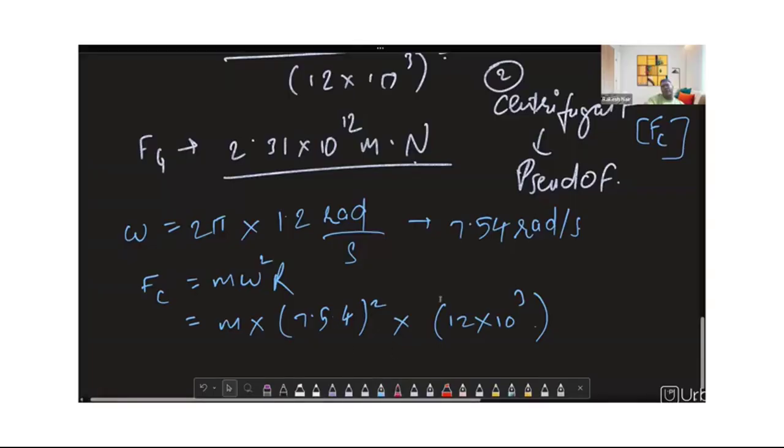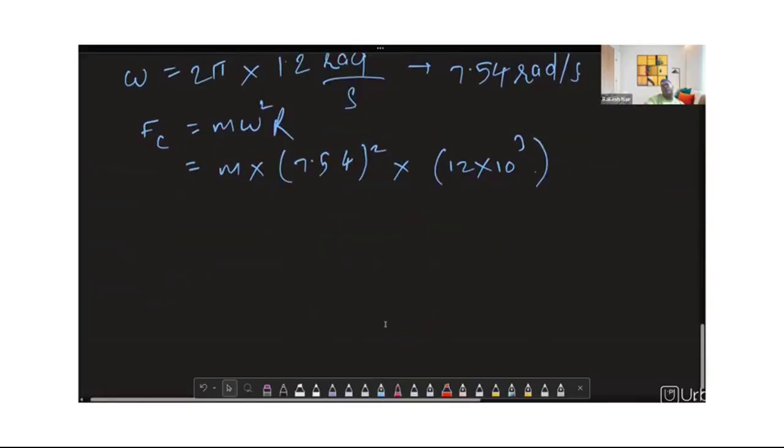Calculating it, you will be getting 7.54 squared, and then multiplying it by 12. It will result out to be 6.82 into 10 raised to power 5 m Newton.